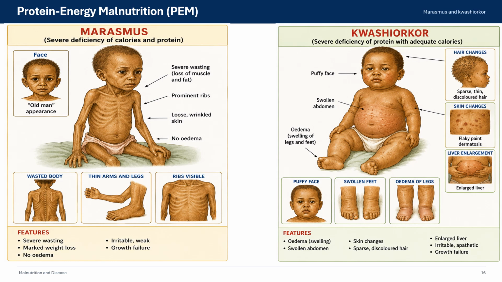So in contrast to marasmus, the main recognition feature or clue for kwashiorkor is nutritional edema, especially swollen feet or legs.